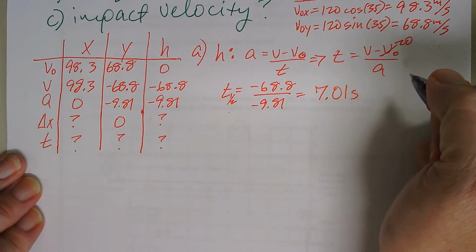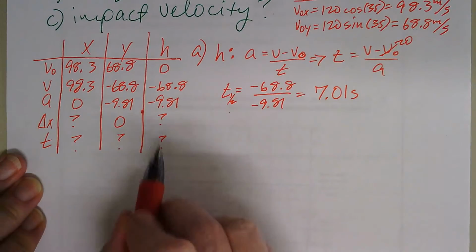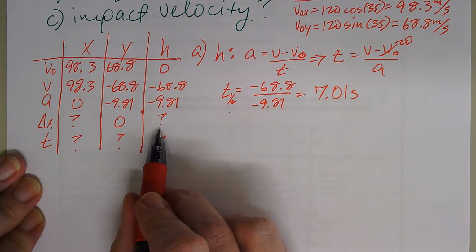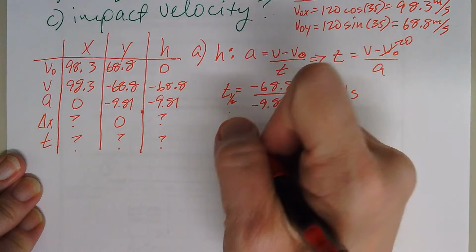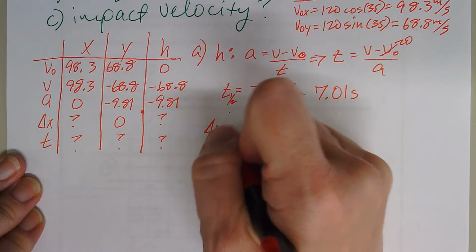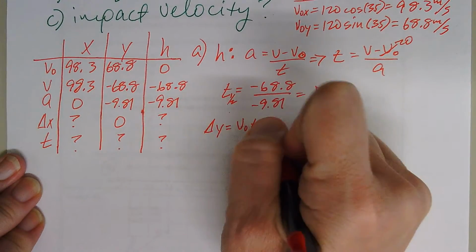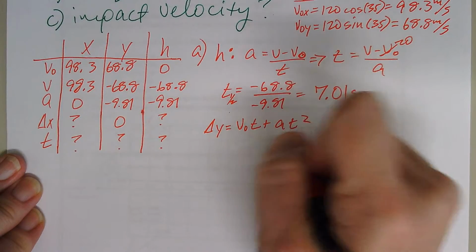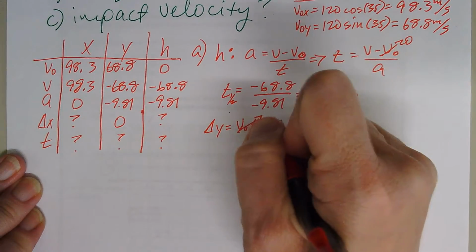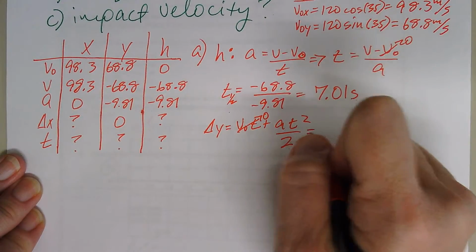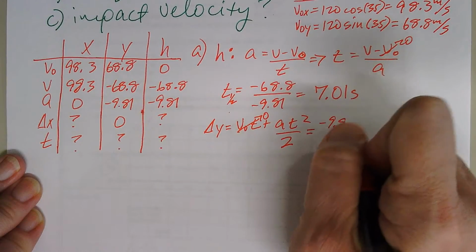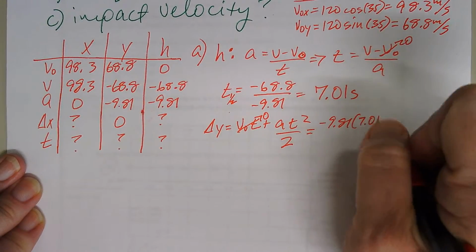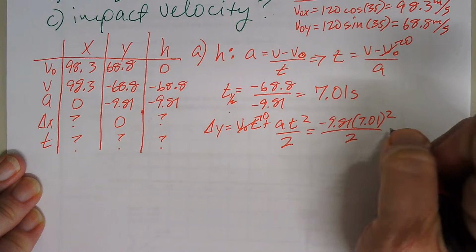Okay, so now I can actually find my Y value, delta Y, right, for my height. So my delta Y is V naught T plus AT squared over 2. My V naught here for the H value is 0. So that's just negative 9.81 times 7.01 squared over 2.